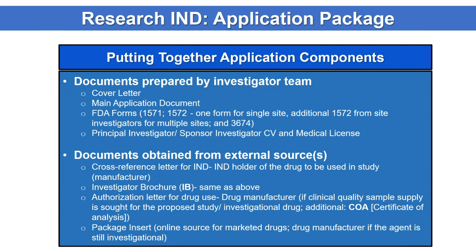For most investigator prepared documents, our website provides templates to get started, which you can download, and also the online links for specific forms to download from the FDA sites. If additional study sites will be involved for the proposed study, a site investigator is needed, and that person will provide an additional FDA Form 1572 along with their credentials to be included in the application.